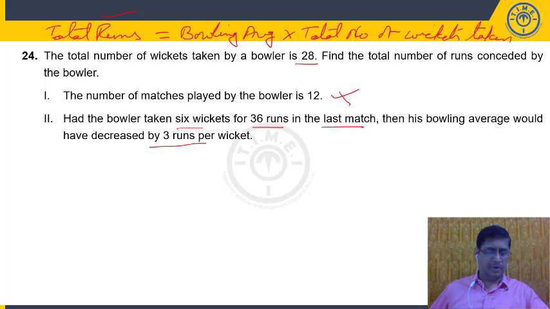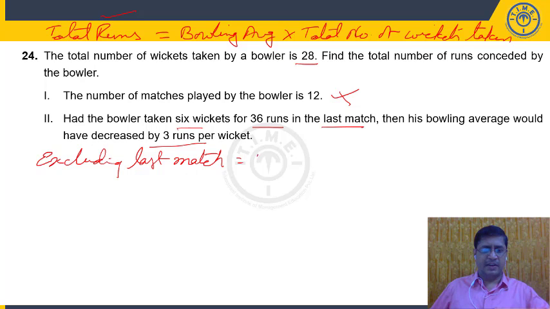Now what I am doing here, the number of runs conceded by the bowler before the last match, before the last match means excluding the last match, I am taking it as R. Okay.